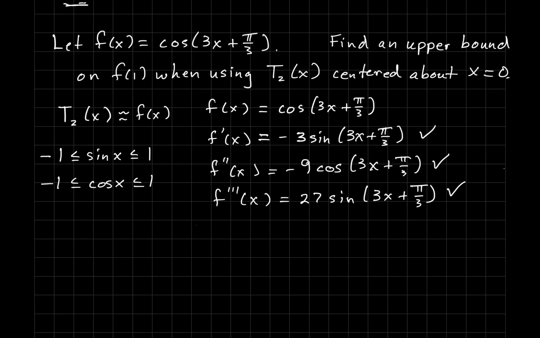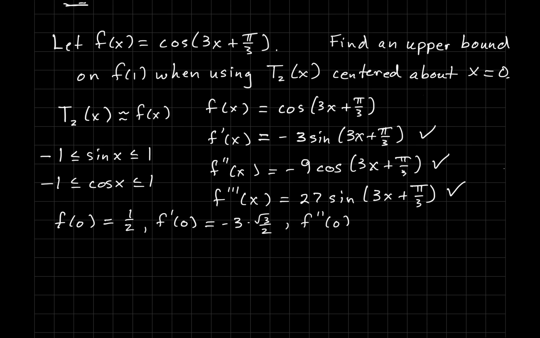But let's find some values. I know that f of 0 is cosine of pi over 3, which is a half. F prime of 0 is negative 3 times the sine of pi over 3, which is negative 3 times root 3 over 2.